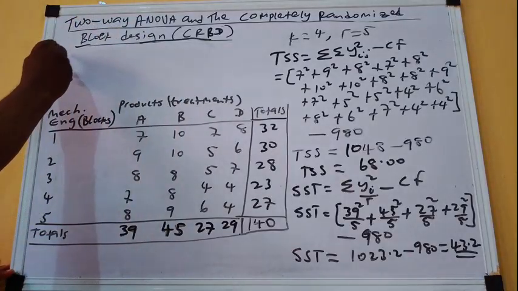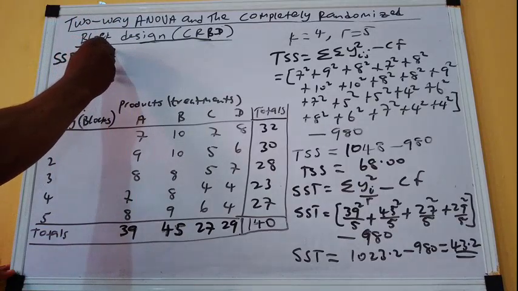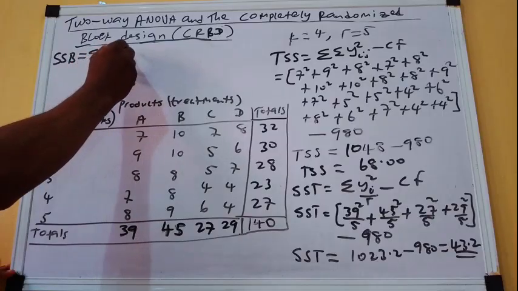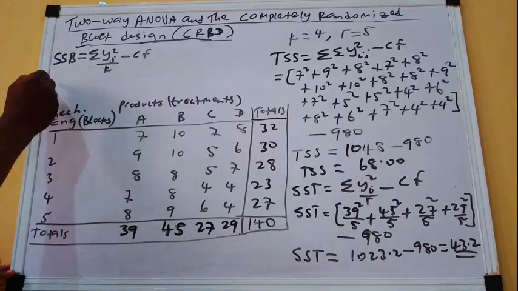Our sum of square for block will be equal to summation yj square all over k minus CF, and that will be equal to, look at it here.